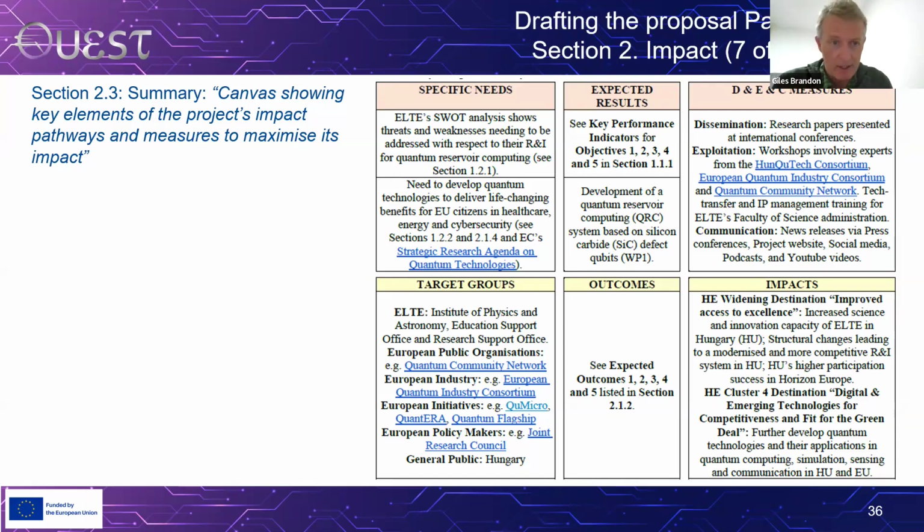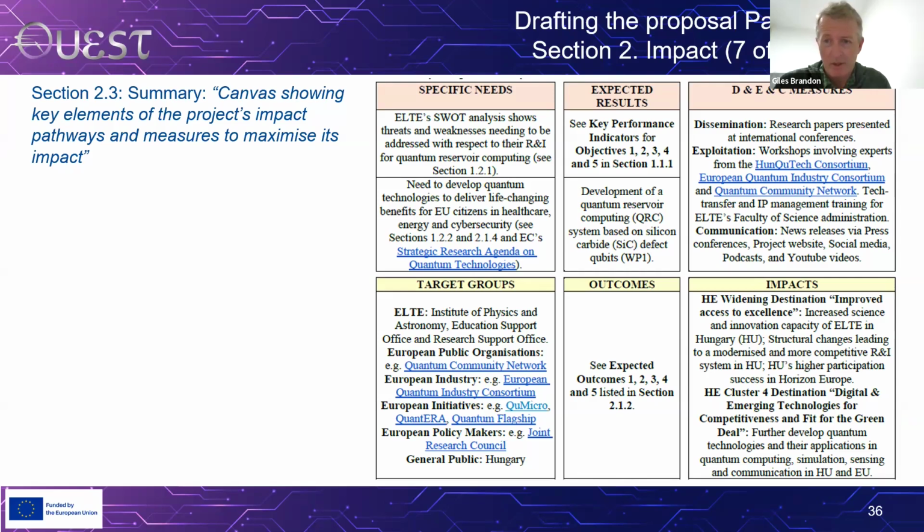Anyway, finally at the end of this section, in the standard application form, the Commission have come up with what they call a canvas. They want you to create a canvas showing the key elements of the project's impact pathways and measures to maximize its impact. So this sort of figure table that you see on the right is actually from the Quest proposal.